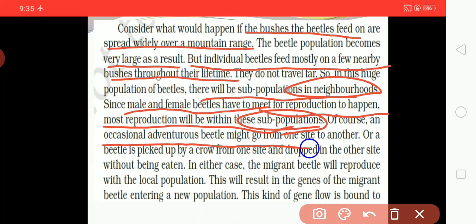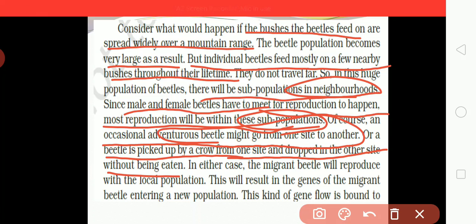Or a beetle is picked up by a crow from one side and dropped on the other side without being eaten. In either case, the beetle which is picked up from one side and thrown to the other is said to be a migrant beetle.